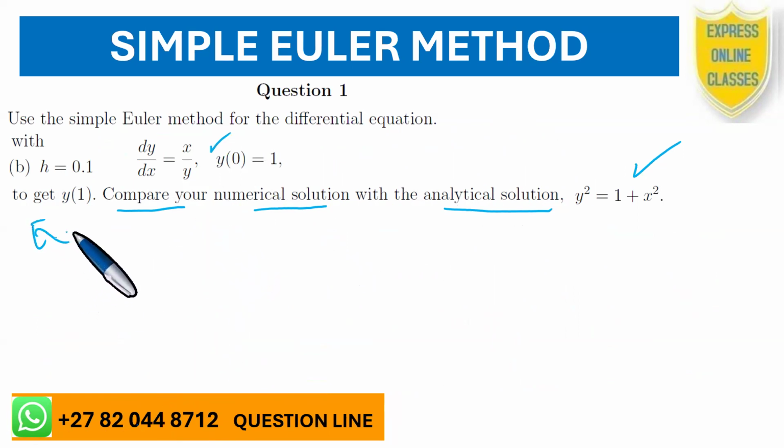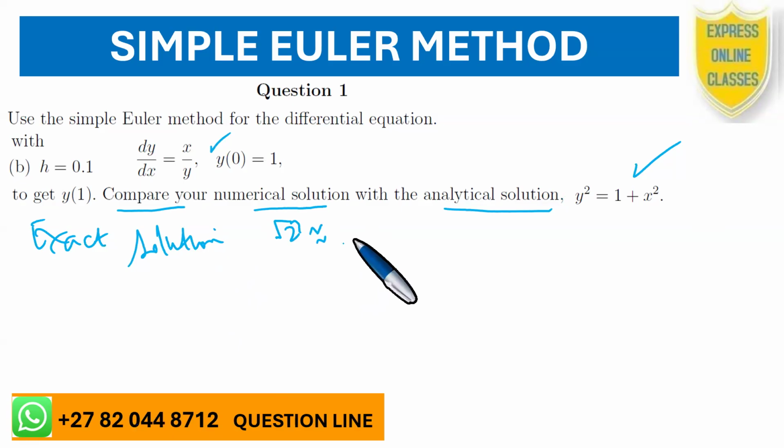Let us talk about the exact solution. The exact solution is the square root of 2, which is approximately 1.41421 3562. Then we're going to compute the error.